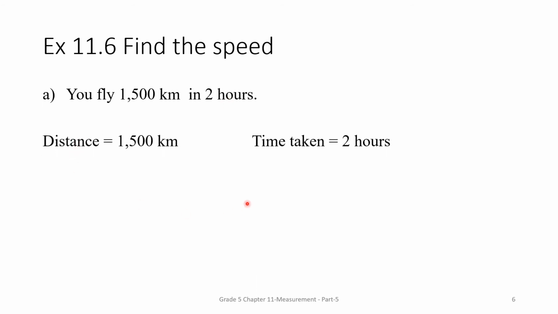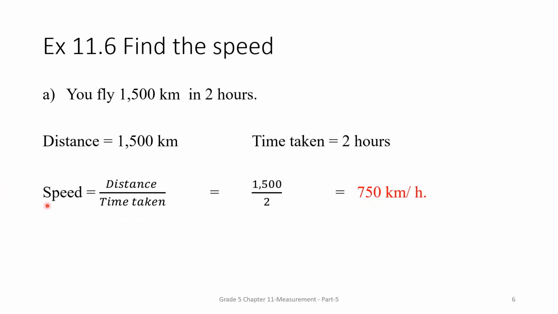Now here kilometers shows that it is a distance, so distance is equal to 1500, and this hour shows that it is time taken, so time taken is equal to 2 hours. First of all, we will write what is given in the statement. Now our task is to find speed. We have just learned the formula for finding speed, which is speed is equal to distance by time taken. What is distance? 1500 kilometers, and what is the time given in the statement? 2 hours.